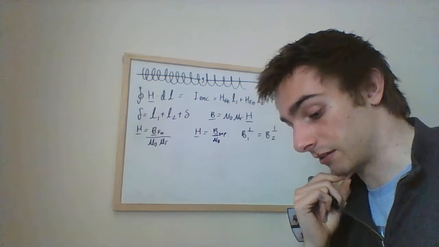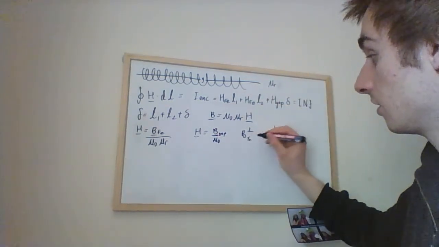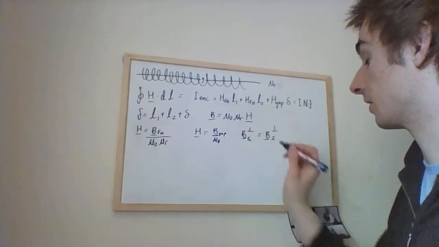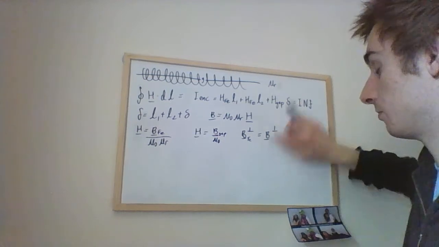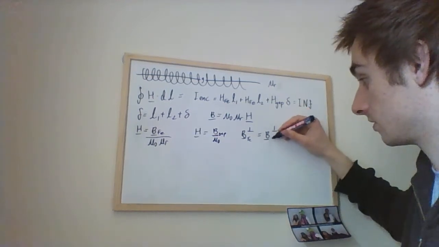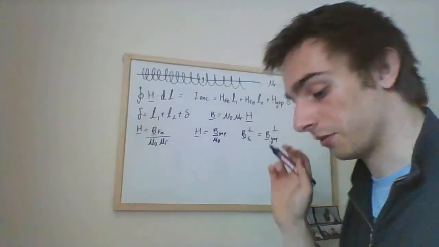So rather than just calling this one, we can call this the B field, the magnetic field in the iron. The boundary condition perpendicular to it is the same as the magnetic field through the gap perpendicular to it.